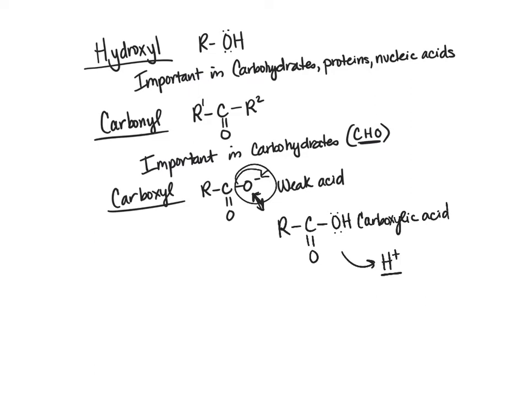That's what makes it an acid, that it can release that hydrogen into solution, increasing the hydrogen ion concentration. Remember, when we increase the hydrogen ion concentration, we're decreasing the pH, and that's acidic. And so then we are able to release that. We see our carboxyl group in proteins and in lipids or fats.